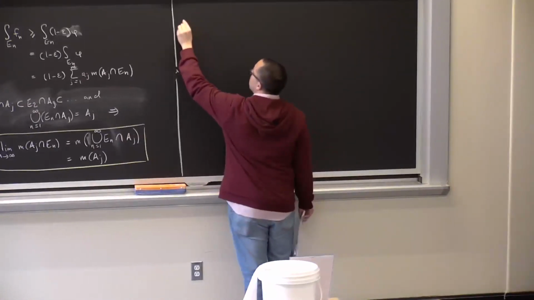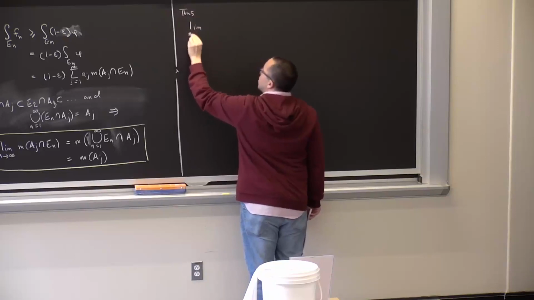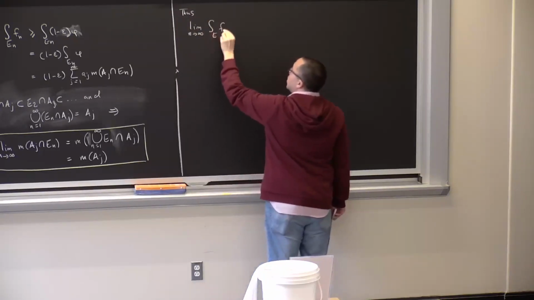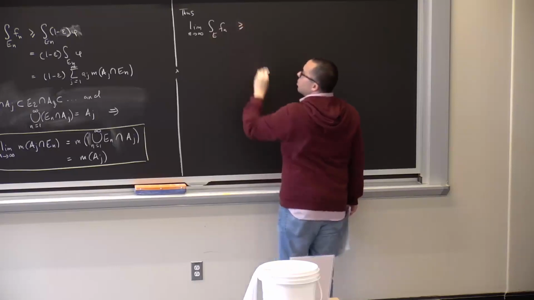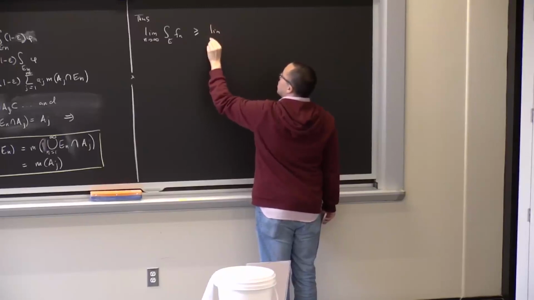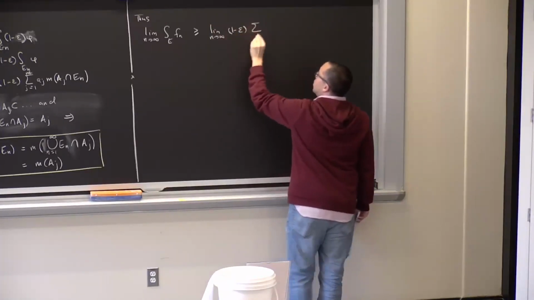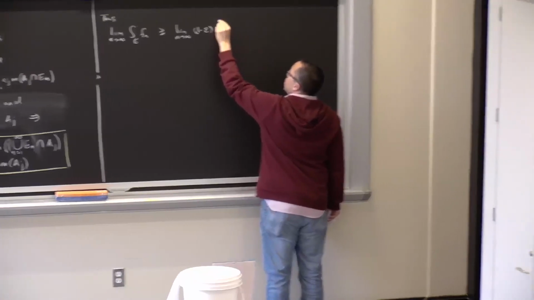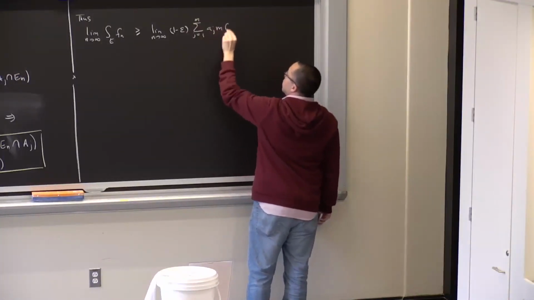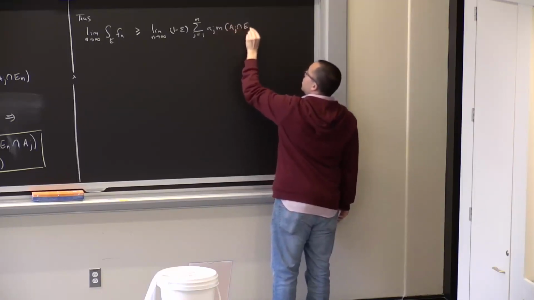So I got ahead of myself a minute ago. Thus, the limit as n goes to infinity of the integral over E of fn is bigger than or equal to the limit as n goes to infinity of 1 minus epsilon, sum to m now, aj measure of aj intersect en.